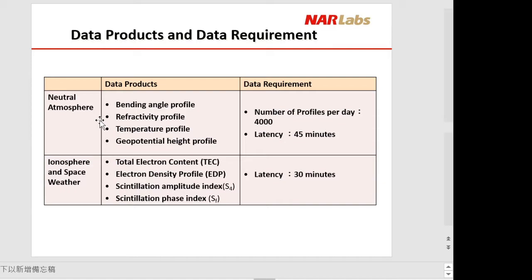The data products from the neutral atmosphere include bending angle profile, refractivity profile, temperature profile, and geopotential height profile. The data products from the ionosphere and space weather include total electron content, electron density profile, scintillation amplitude index, and scintillation phase index.